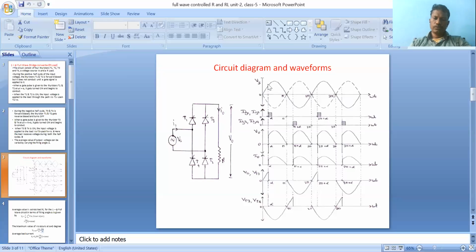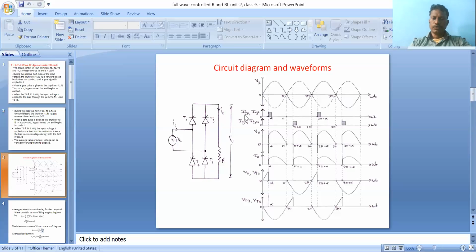By applying the AC supply to the full bridge rectifier during the positive half cycle, positive is connected to the anode of T1, so it comes into conduction. Negative is connected to the cathode of T2, so it also comes into conduction. So during the positive half cycle T1, T2 conduct. During the negative half cycle T3, T4 conduct.